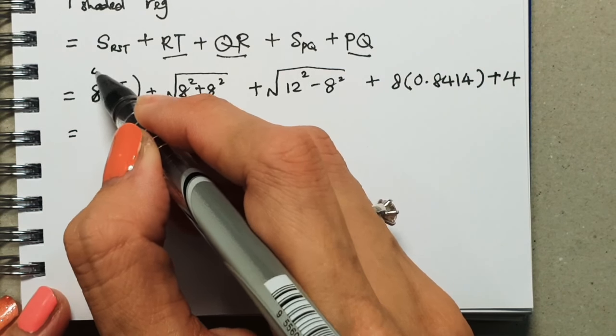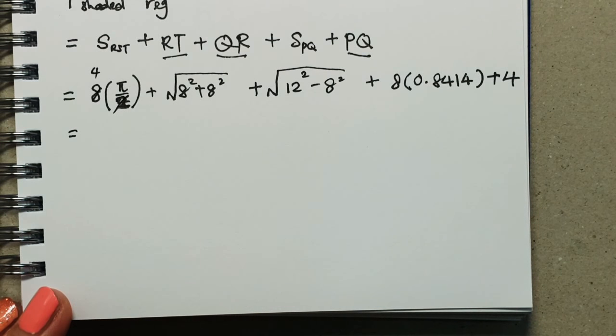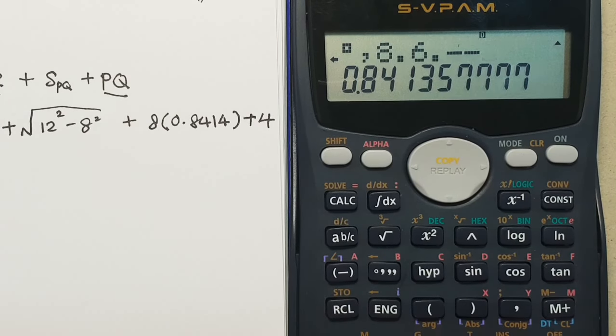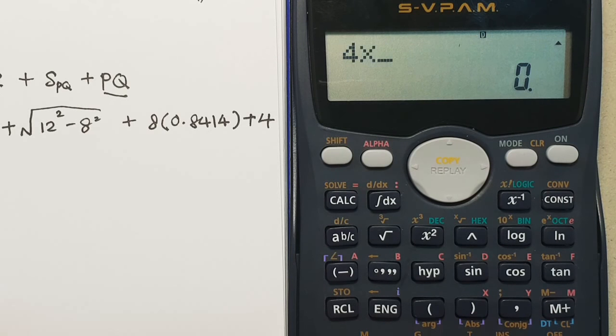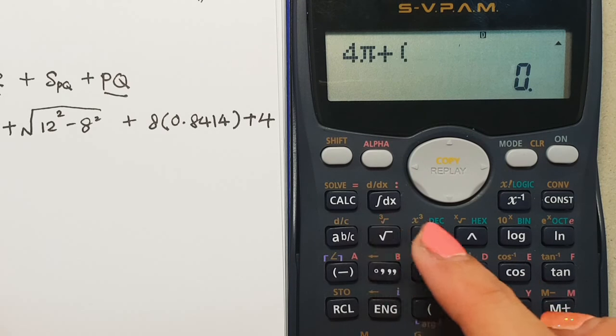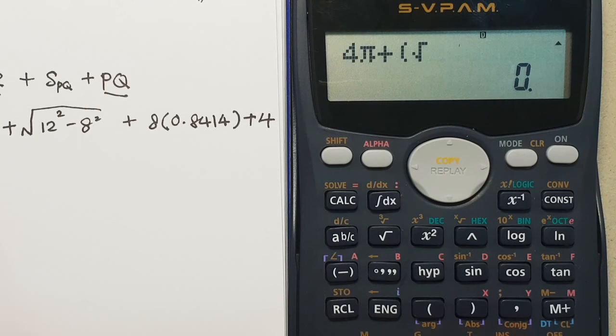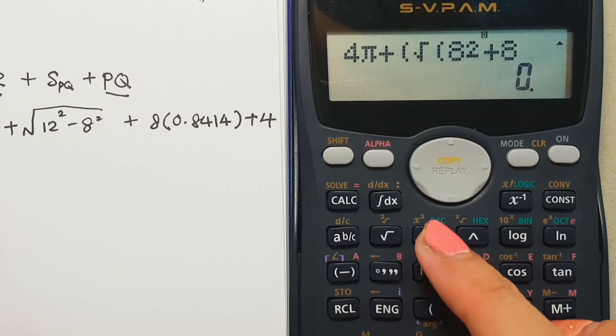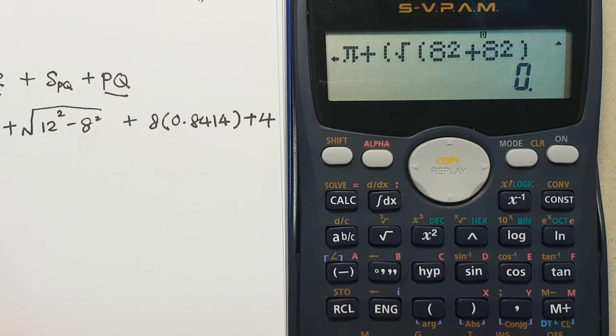So this will be 4 pi. Just use the calculator. So 4 times pi. You can use the pi given in the calculator. And then plus bracket, square root of bracket 8 squared plus 8 squared, close bracket.